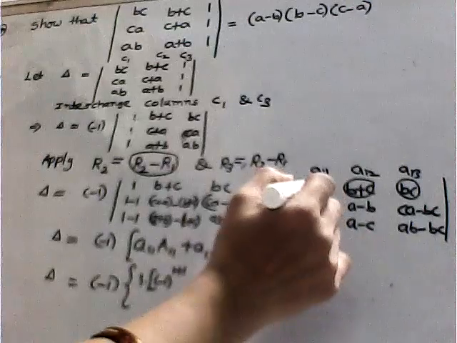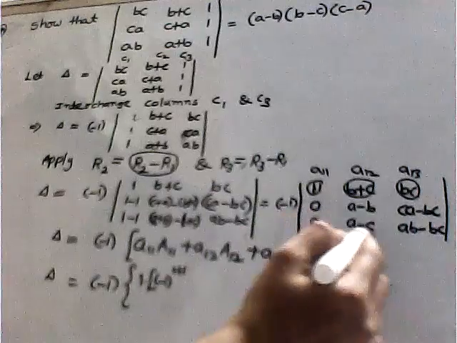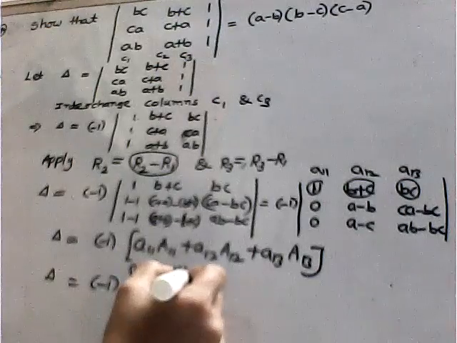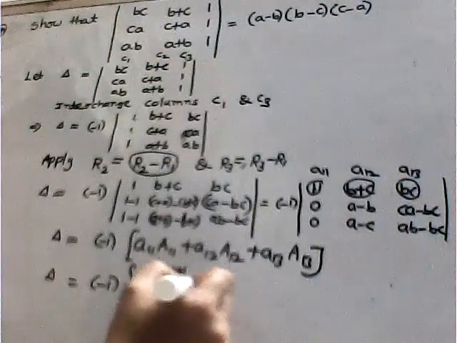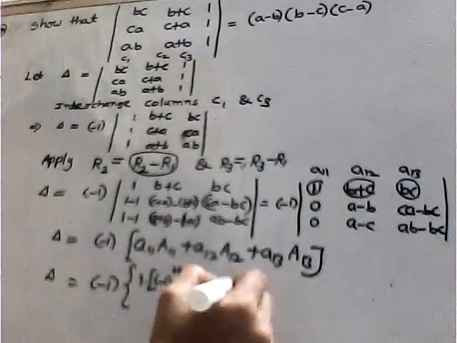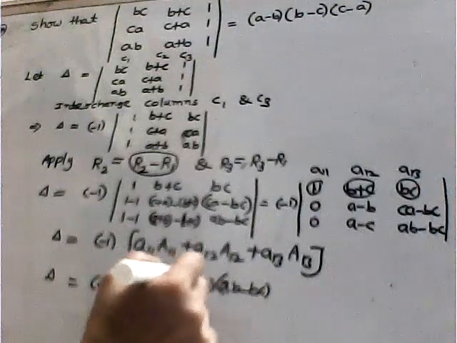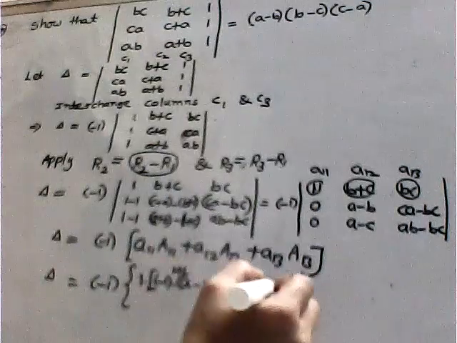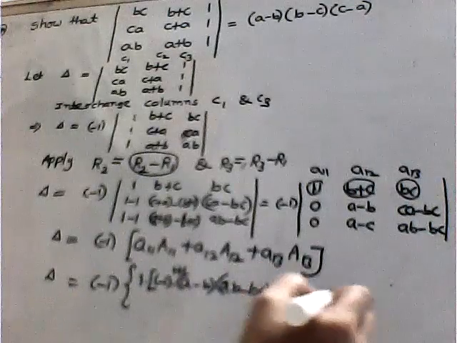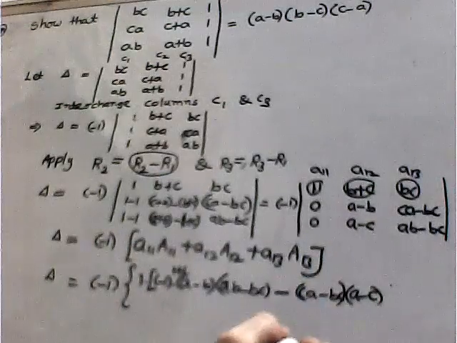The minor value, by removing the first row and first column, is A minus B into AB minus BC, minus CA minus BC into A minus C.